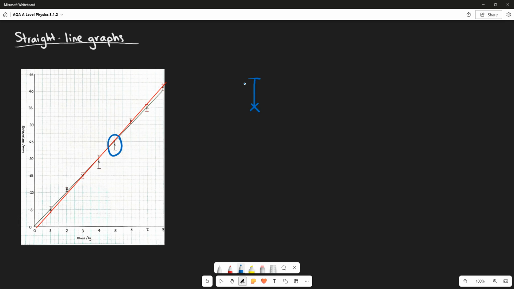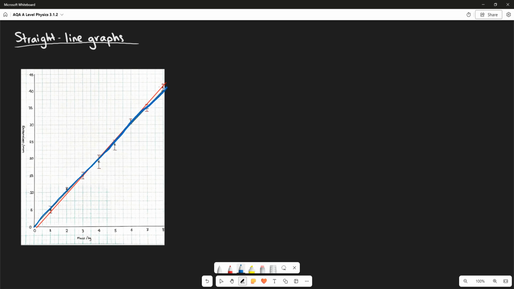Okay, so we have error bars on our graph, and this allows us to take a line of best fit. So on this graph, you can see here we've got our black line, which I'm failing to trace accurately. There we go. There we have our black line showing the line of best fit.